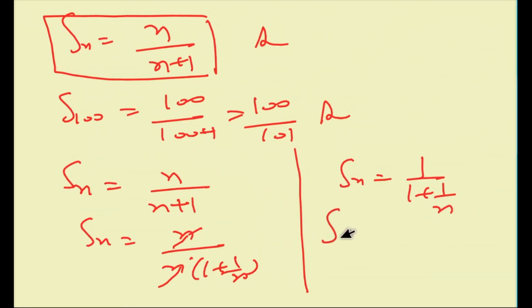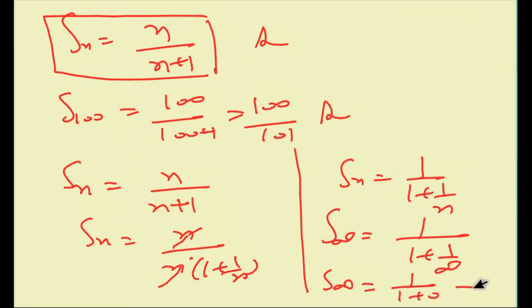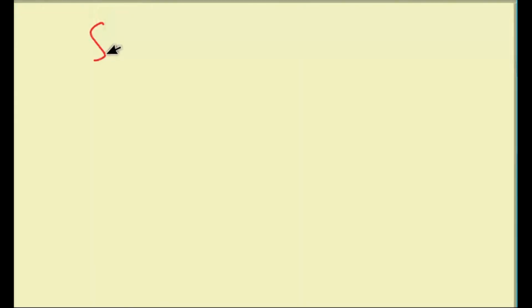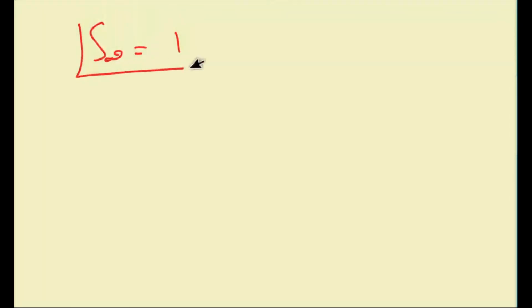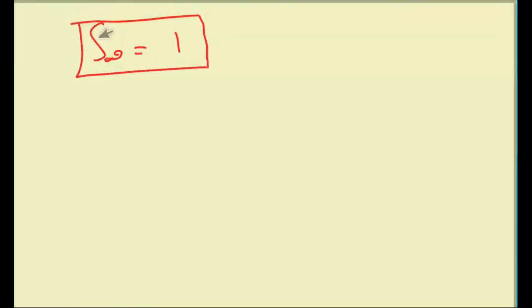Now putting n equal to infinite, we get 1 upon infinite. Since we know 1 upon infinite is 0, we get here 1 upon 1. So we can say the sum of infinite terms is 1. Okay, so 1 upon 1 is 1. So this way you can find the sum of infinite terms.